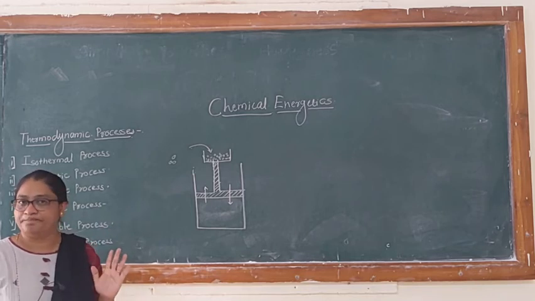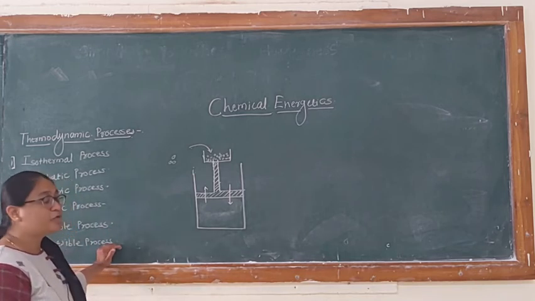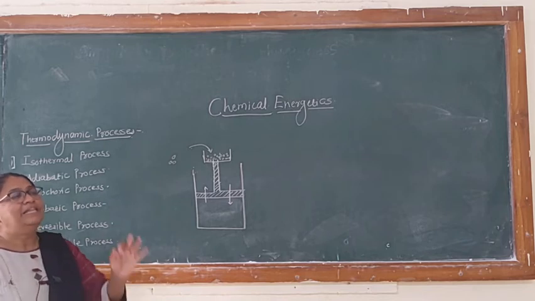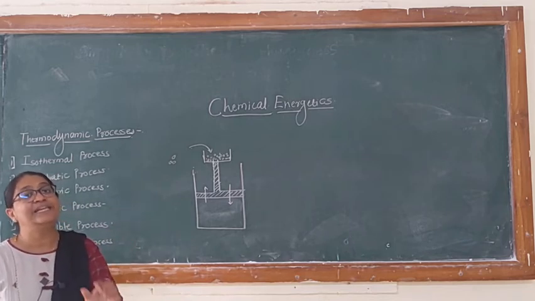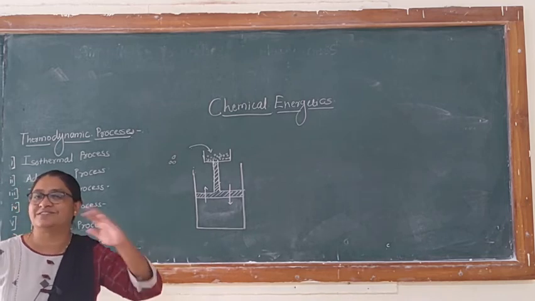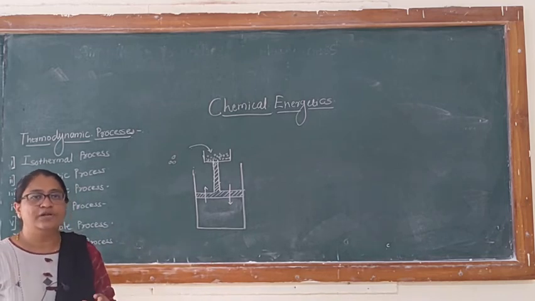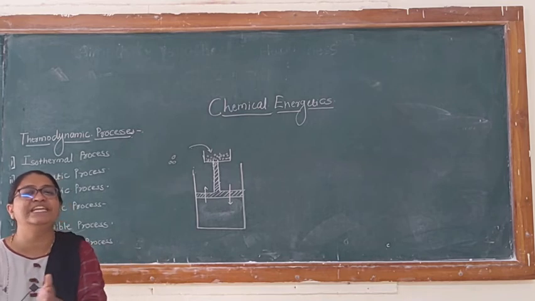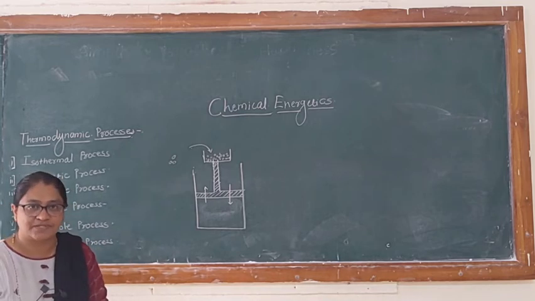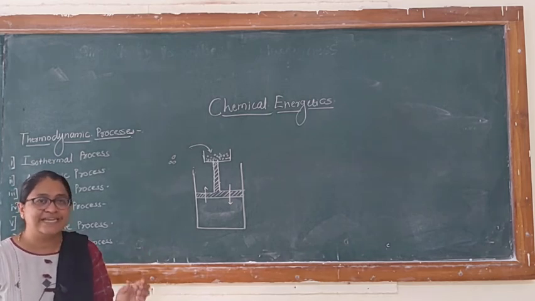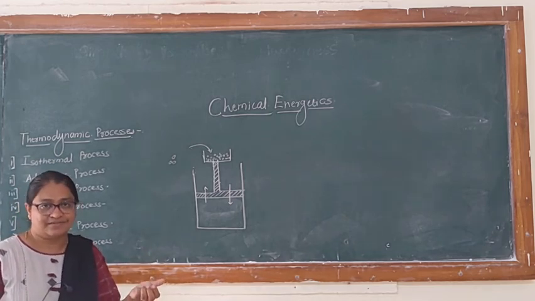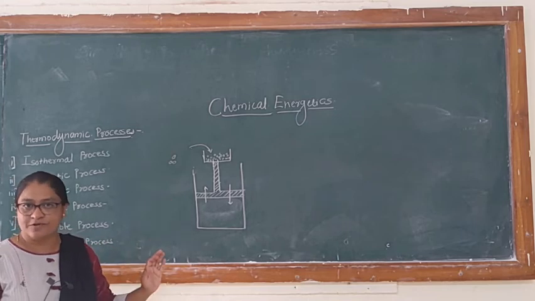It takes place at a faster rate. Therefore, that process cannot be divided into successive steps, or even if it is divided, a single step cannot be reversed as we were doing in the reversible process.